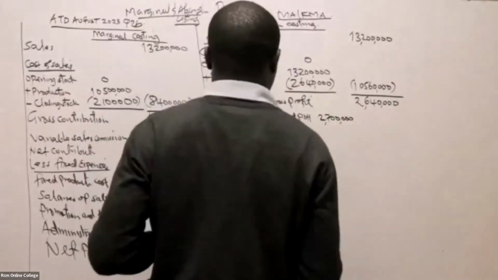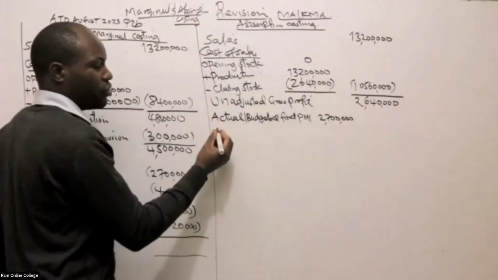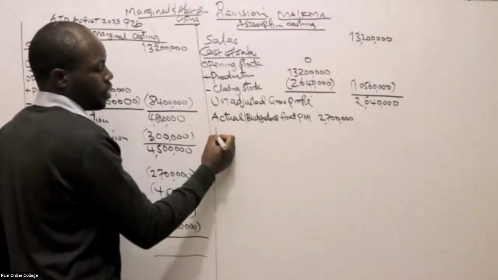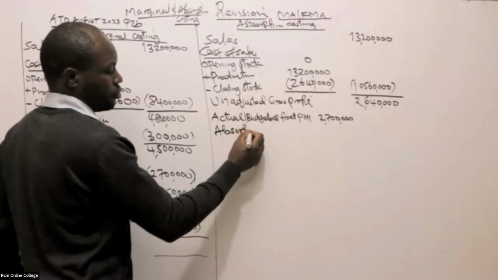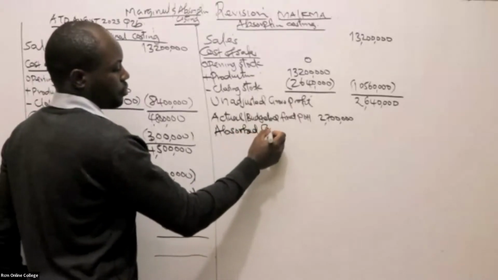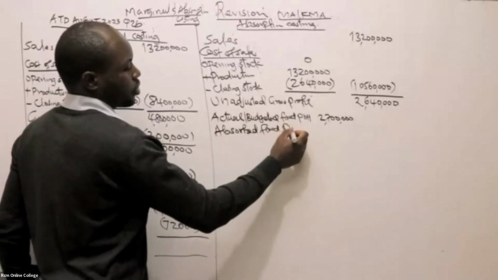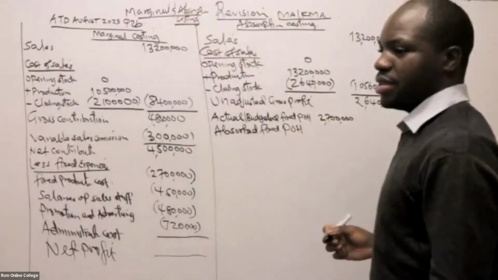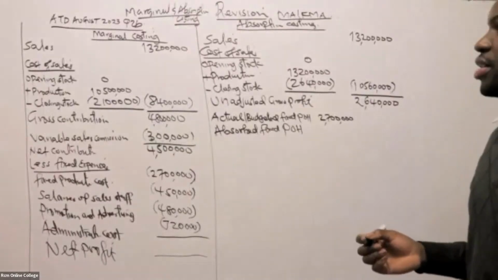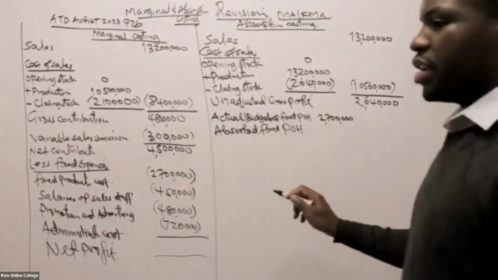Good. Then under that, we compare it with what we call fixed production overheads absorbed. Again, it is in this class that we talked about overhead absorption rate.